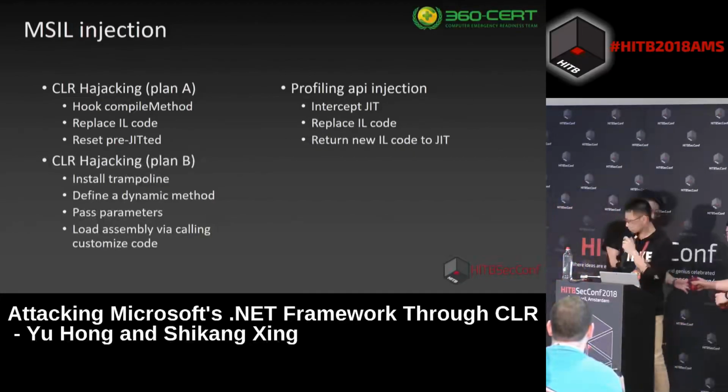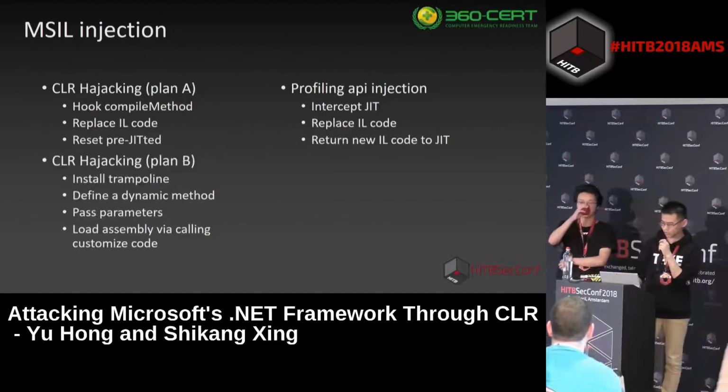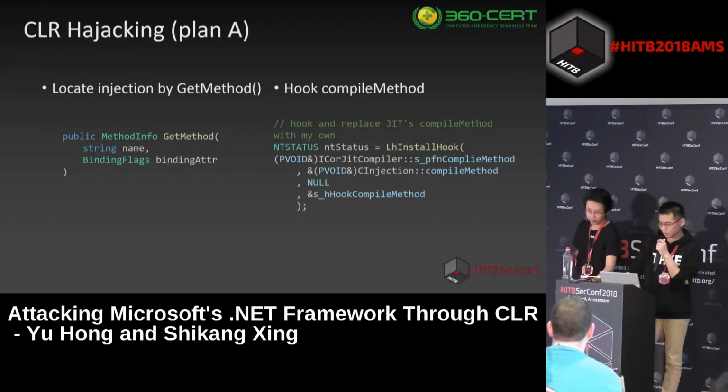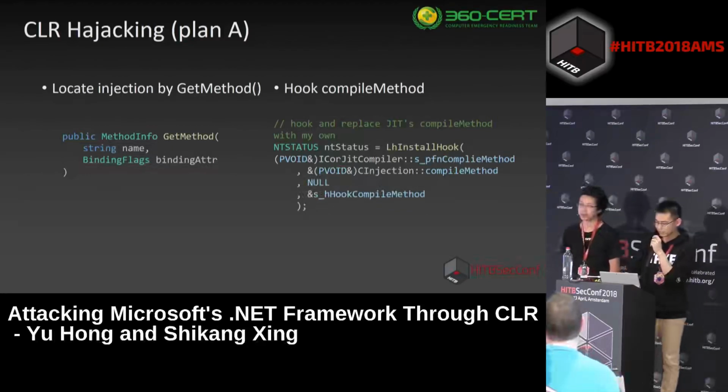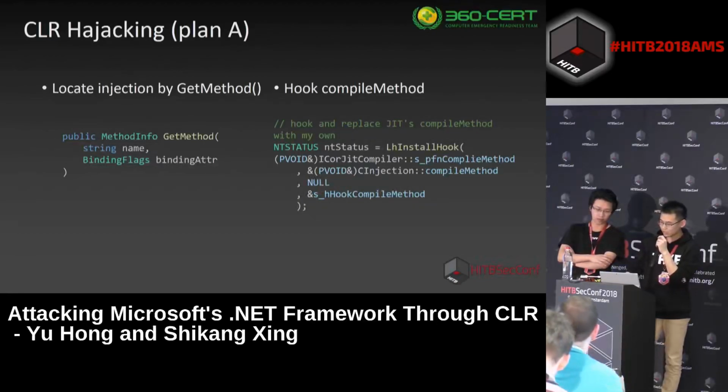So we have the solutions. Plan A is hooking the compile method as the program enters, and replacing it with our code, which is executed by the real compile method. Because the compile method's execution object is a method, we will know where we inject.